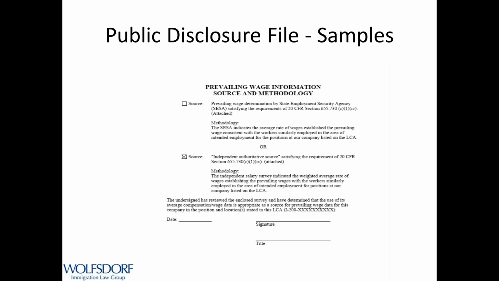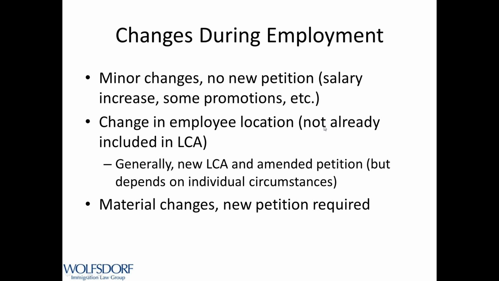It's an independent authoritative source. You could attach this to, say, for example, the OFLC Online Data Center determination for that county or metropolitan statistical area, and then you're all set. If you have another specific way that you have determined the prevailing wage, for example, if you've done it through a collective bargaining agreement, please let us know if you need a specific type of template or sample to use.